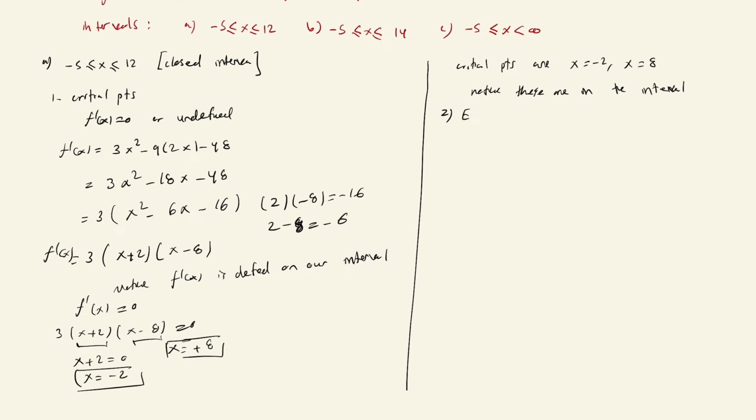Now for step 2, I'm going to evaluate our critical points and the endpoints in the function of x. Remember, our critical points here are minus 2 and 8, and our endpoints are minus 5 and 12.